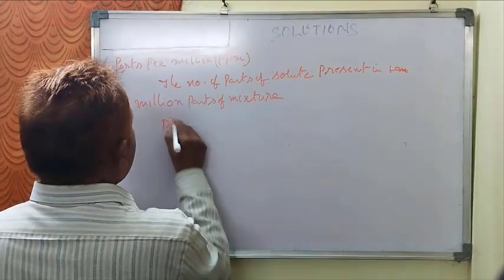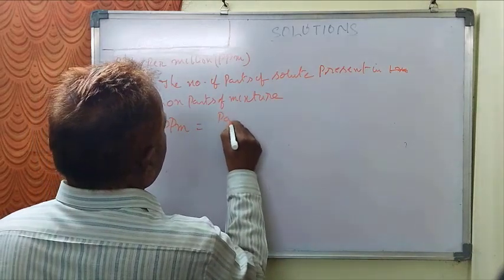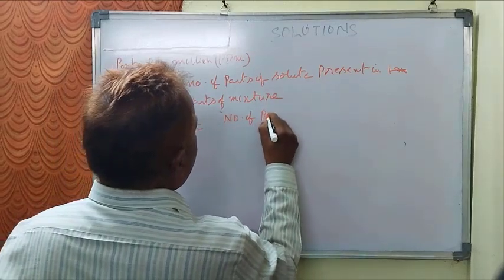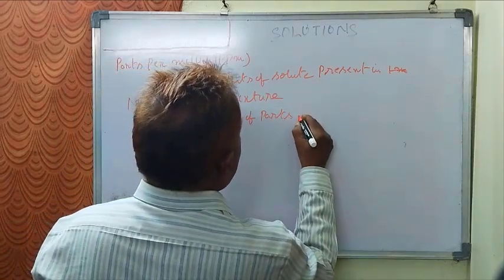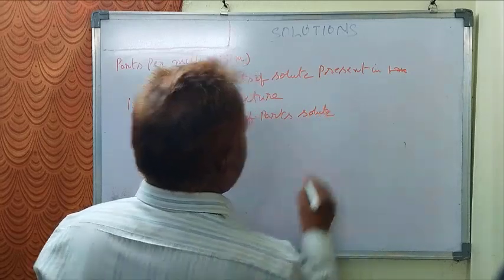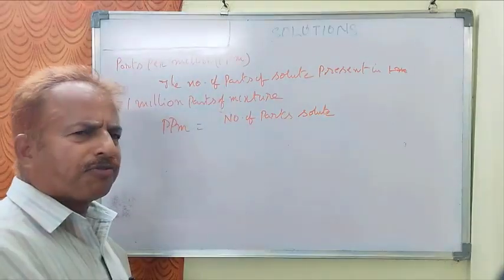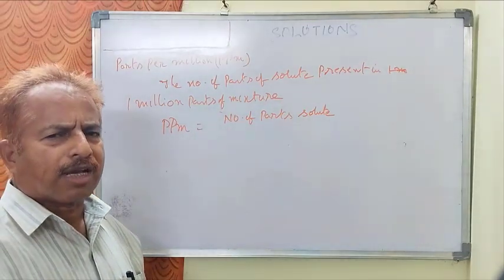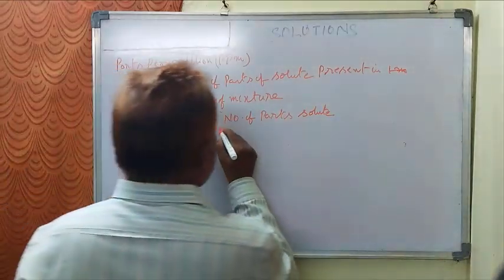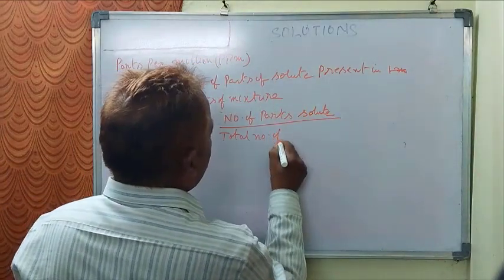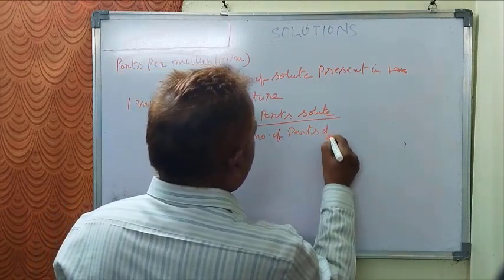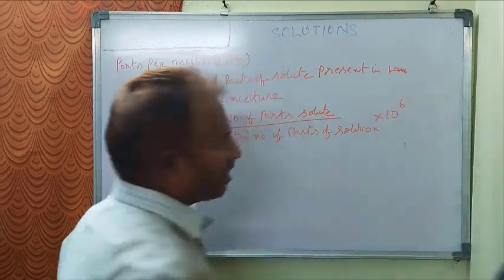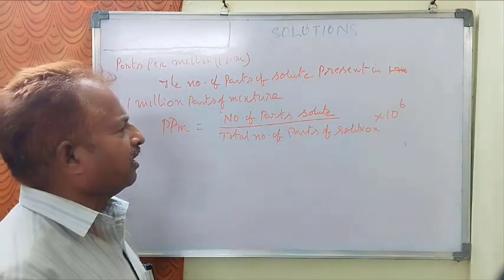So ppm equals the number of parts of solute, which in the case of air pollution means the contaminating molecules like nitrogen dioxide, sulfur dioxide, etc., by the total number of parts of solution, into 10 to the power 6. 10 to the power 6 means 1 million, that is 10 lakhs.